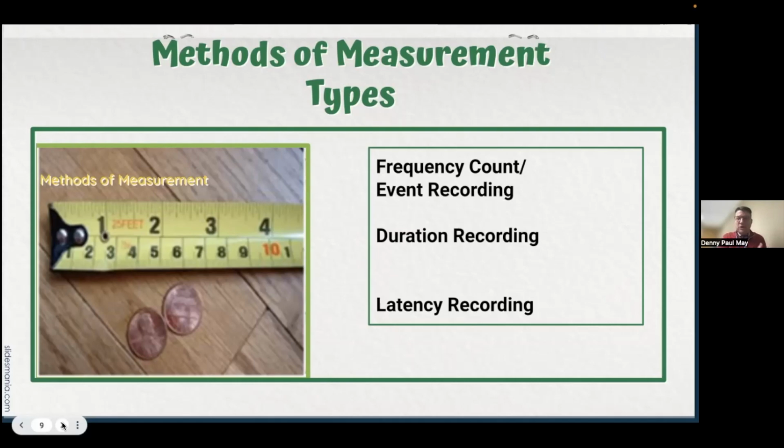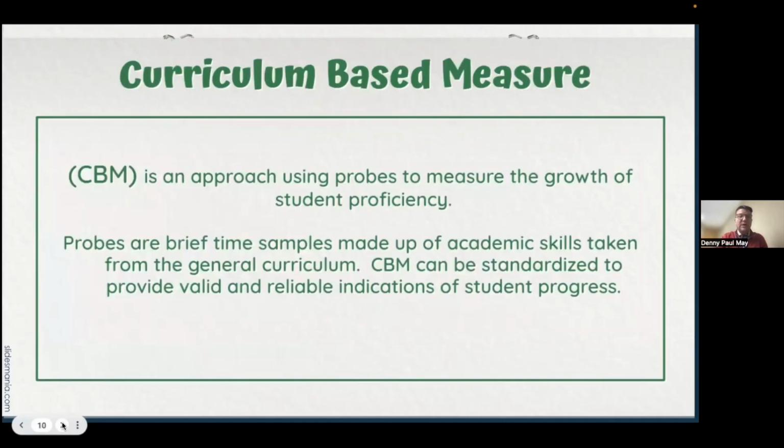So we would measure from the beginning of the behavior to the end of the behavior and see how much time a student was able to sustain attention, those types of things. And then a latency recording is you give a student a prompt and you're measuring how long it takes that student to respond to that prompt and get started with the work. And so those are the three types that go in.